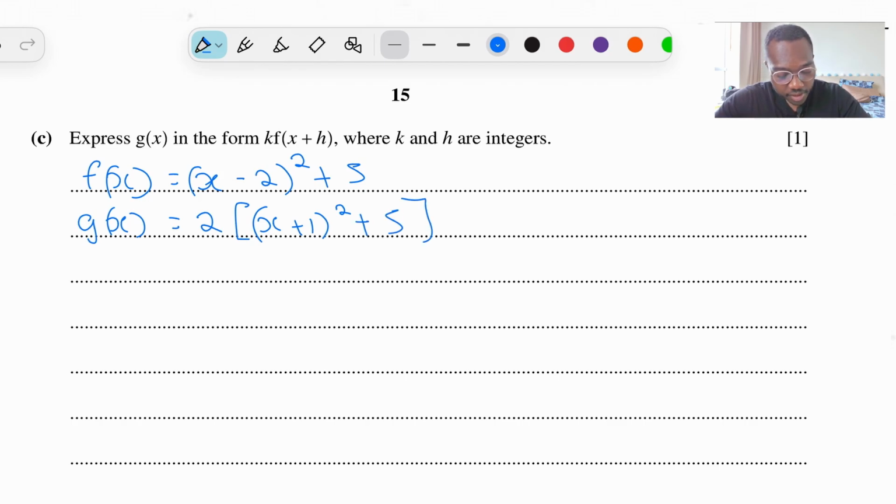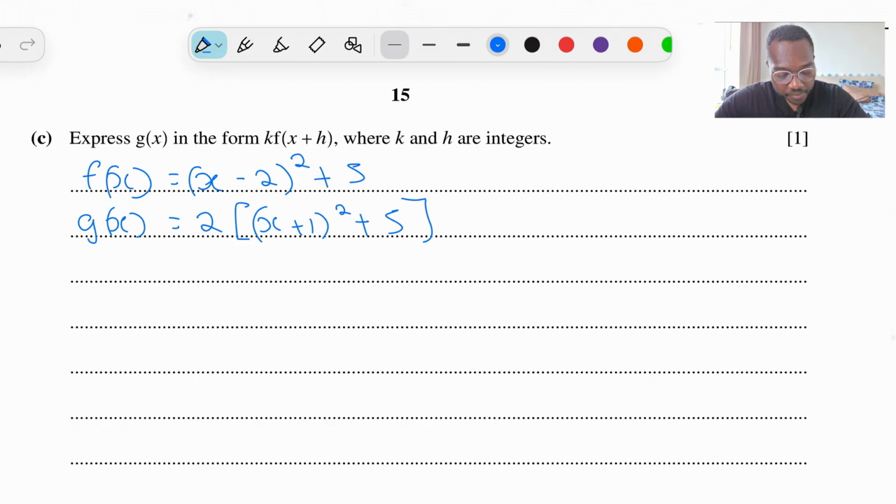If we want to express it in the form k f of x plus h, then think about how we are going from f of x to g of x. What is the transformation happening on f of x to get it to g of x? If you look, there are two distinct changes.